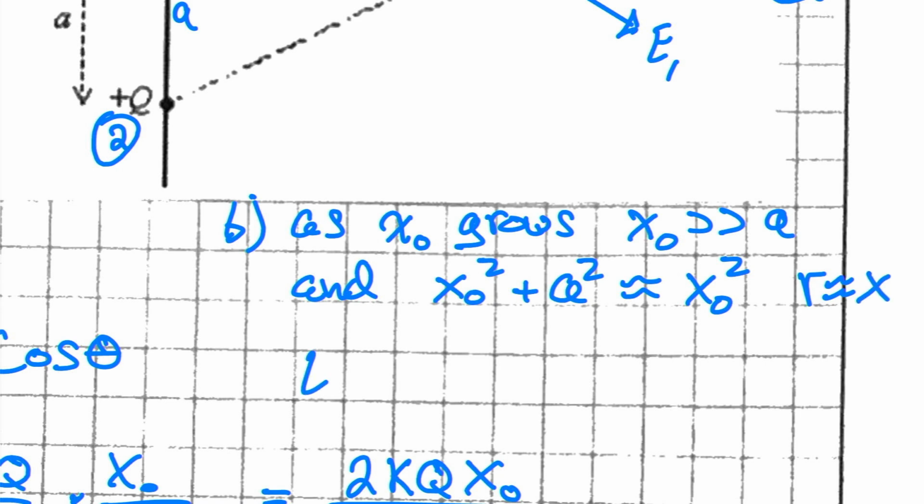And so we'll get that E, which was 2kq. Actually, I've got it written right below.